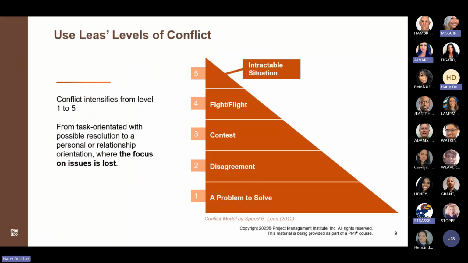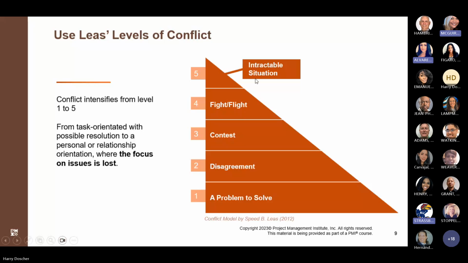They've got a lot of conflict. It may be boiling below the surface, and you as a project manager may have enough problems on your hands that the project may be in deep danger.